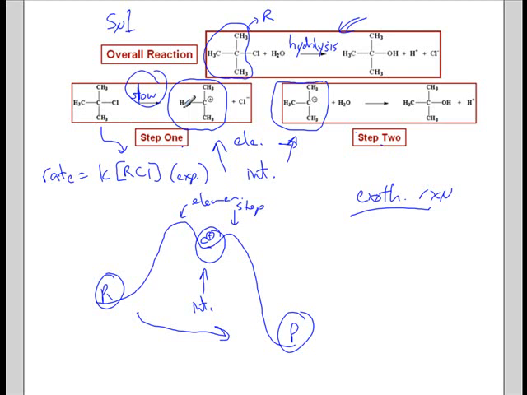Unimolecular, one molecule involved in the rate limiting step. Substitution, the OH from water is substituting itself for the chlorine. And then the overall reaction, there's something called a nucleophile thrown in there, so the nucleophilic for the N. Anyway, you won't be tested on that, but I teach organic, so I can't help it. I gotta expand on that.